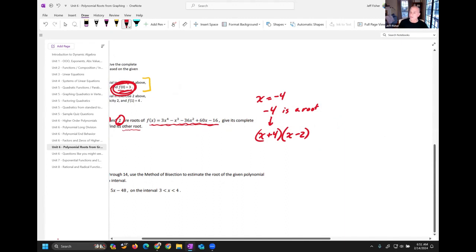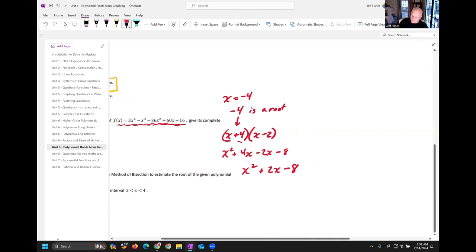Well, we can find the other factors by dividing. So let's multiply these two together first. This is going to be x squared plus 4x minus 2x minus 8, which is x squared plus 2x minus 8, right?